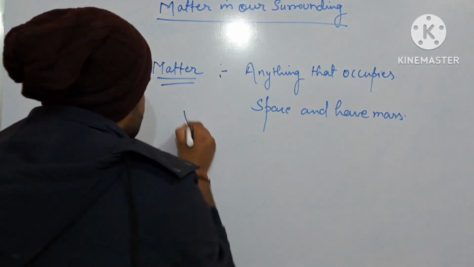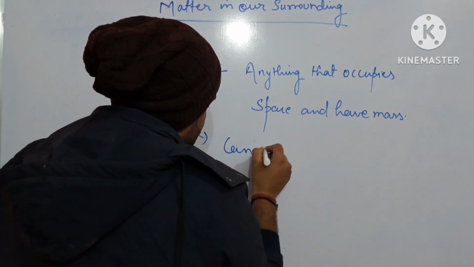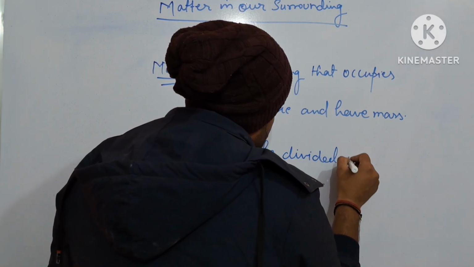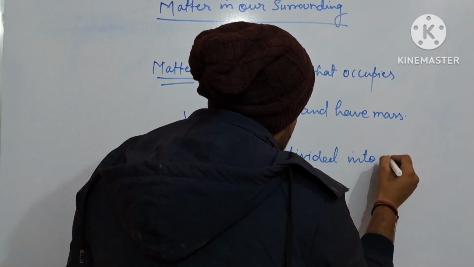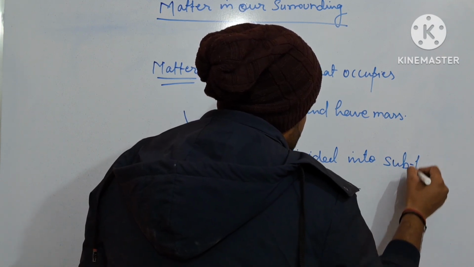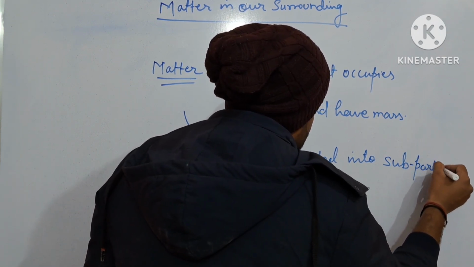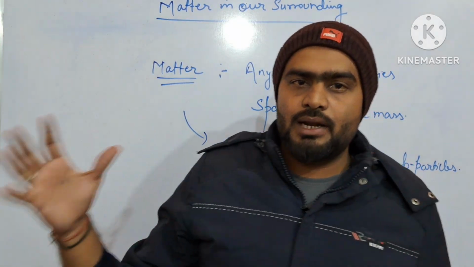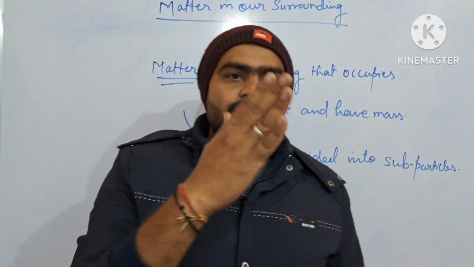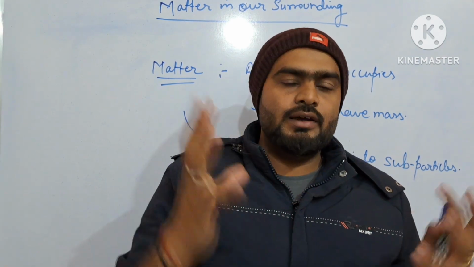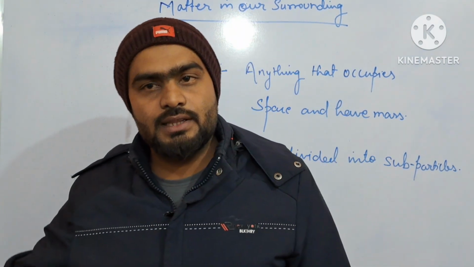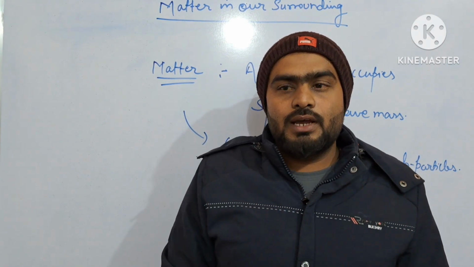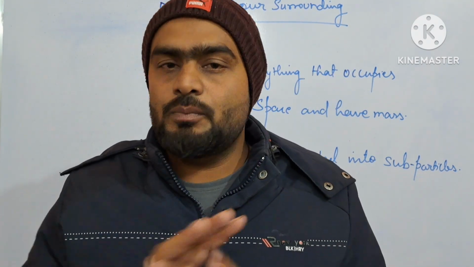So the first thing is that matter can be divided. When we divide matter, the bigger one is divided into a smaller one, then a smaller one, and a stage will come where further division is not possible.